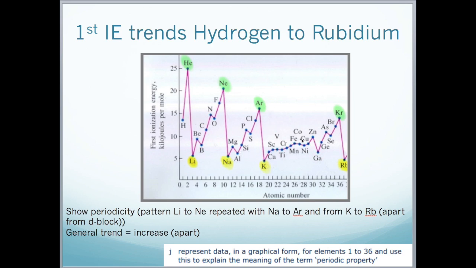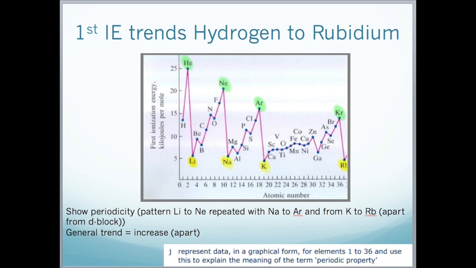And apart from this insertion of the d block elements, this pattern is seen again from potassium to rubidium, which is here. So we can see that the general trend across a period is for the first ionization energy to increase. However, there are a number of slight variations that we need to talk about.